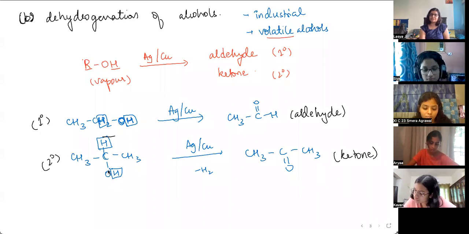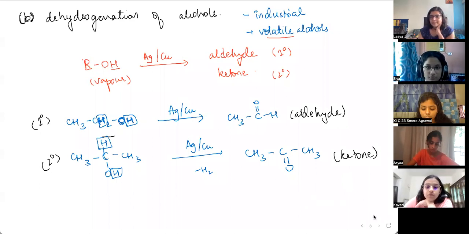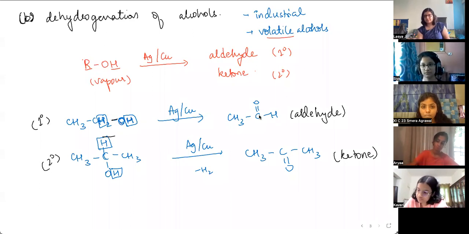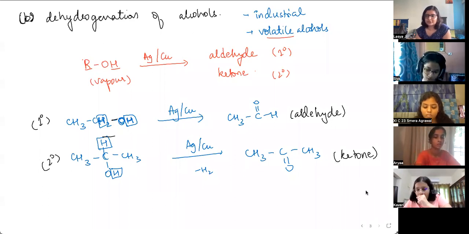Wherever the oxygen is, that's where you get the double bond, so that decides whether you get an aldehyde or a ketone. When the hydrogens are lost, if it's on the end of the chain you get an aldehyde; if it's in the middle, that's a secondary alcohol, and you get a ketone.